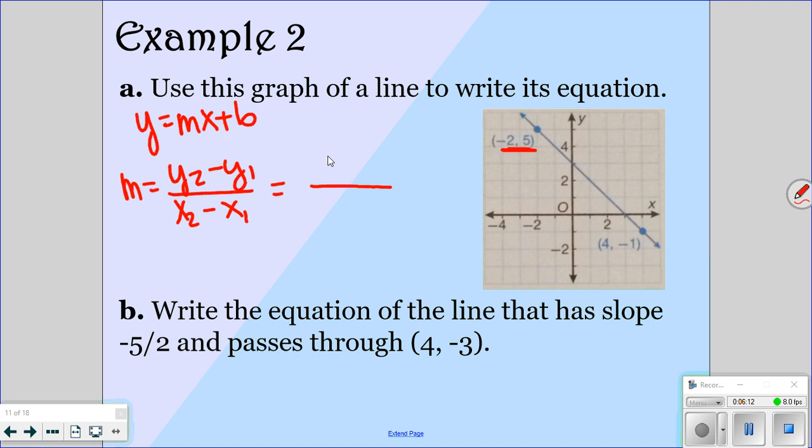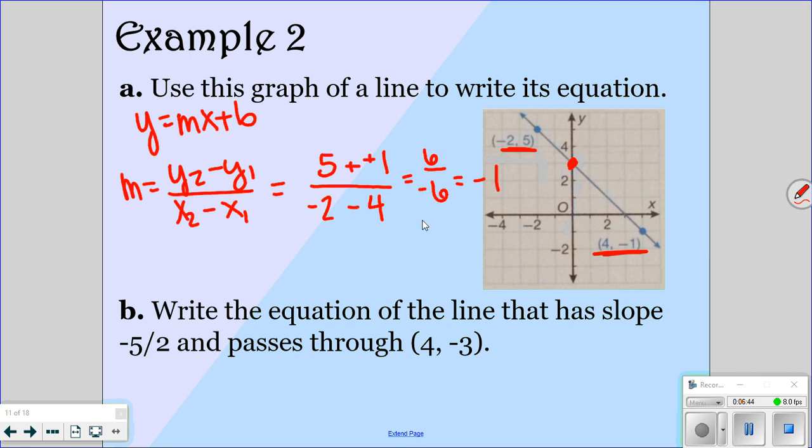So y2 would be 5, and y1 would be -1. So 5 minus a -1, and then x2, the x value that went with 5 is -2, and then minus 4. So that becomes a plus. So I get 6 over -6, which is -1. So my m is -1, and then where does it cross the y-axis?